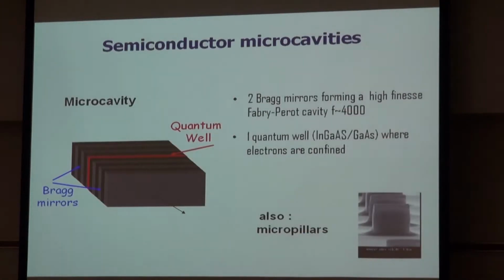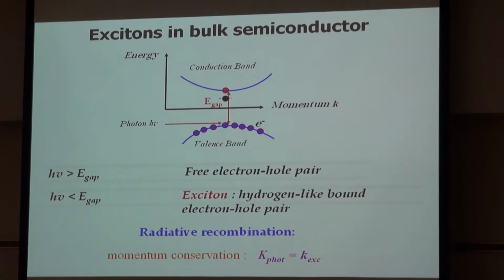The cavity is about one wavelength thick. The wavelength here is 820 nanometers.